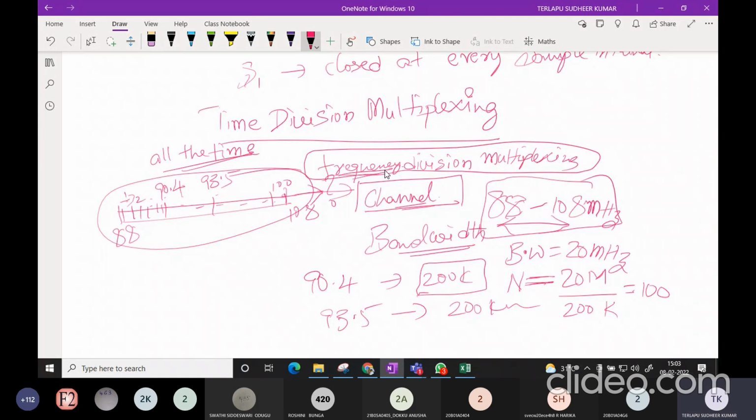Can anyone tell me what is the disadvantage of frequency division multiplexing? What is the disadvantage of frequency division multiplexing?